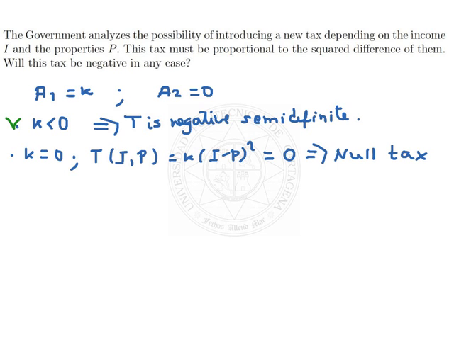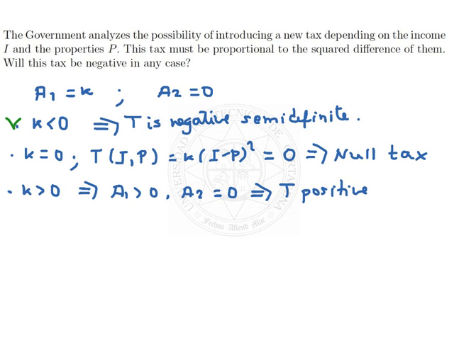Finally, we must study the case where k is greater than 0. In this case, we have a positive A1, A2 is 0. Using the minus method, t would be positive semi-definite.